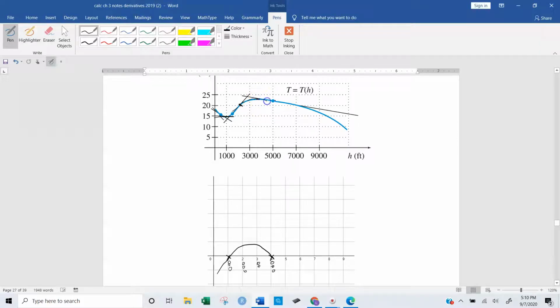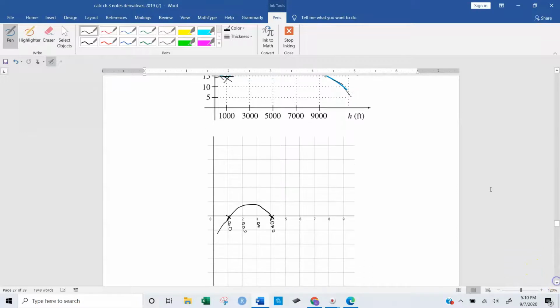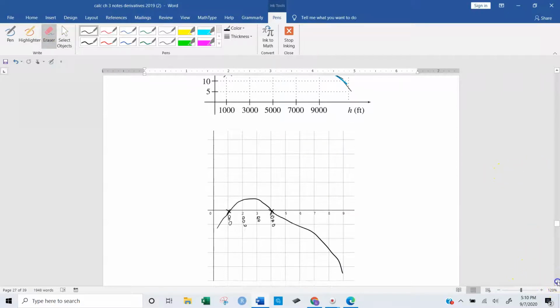From 4,000 on, these are all negative slopes, and it just continues to go down. It looks like it gets a little bit less steep and then steeper at about 9. So it kind of looks like it's going like this, slower and then steeper. Whoops, that did not draw right. I need to recalibrate this somehow. There, it's pretty. All right.